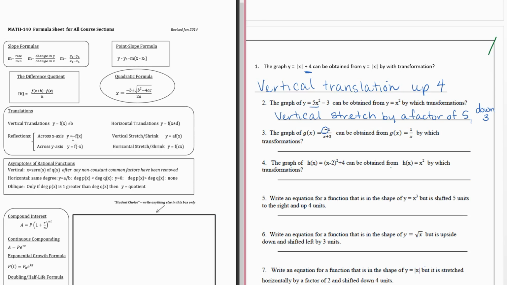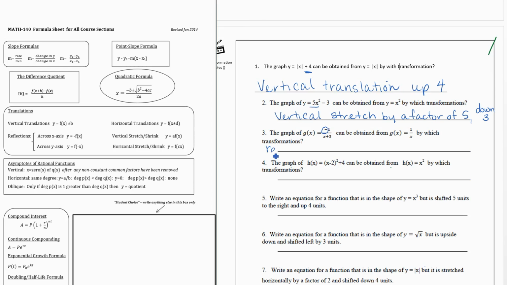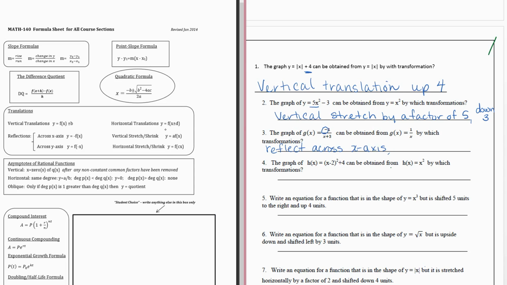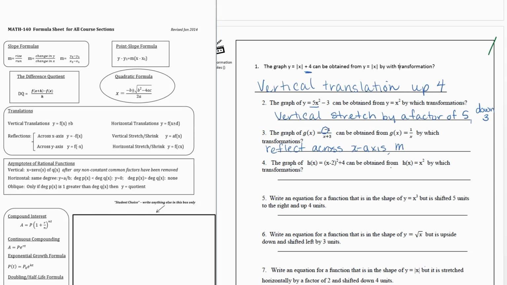The negative 1 is on the outside. So first we'll say reflect across the x-axis. And putting the plus 3 in where the x is, that's our horizontal translation. And remember, horizontal sometimes seems backwards. Adding means we've actually moved it left. So the better word is translate left 3.